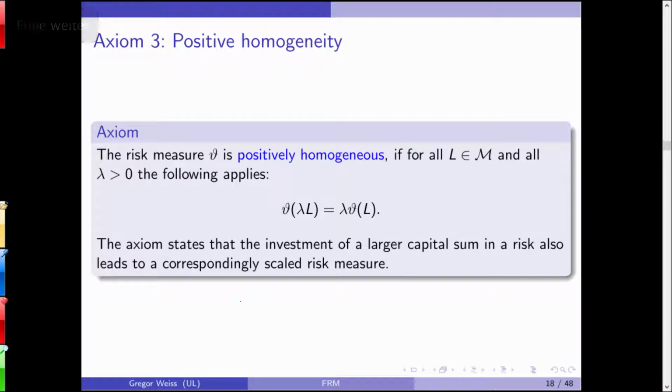Third axiom: the risk measure is positively homogeneous if for all risks L and all real numbers lambda larger than 0, the following applies: the risk capital for lambda times L is equal to lambda times the risk capital of L. The axiom simply states that if you have one stock and you need 100 euros risk capital and you now buy 10 stocks, you need 10 times the risk capital, so 10 times 100.